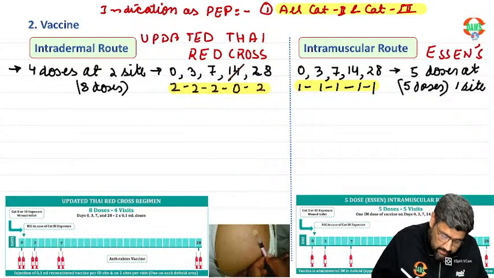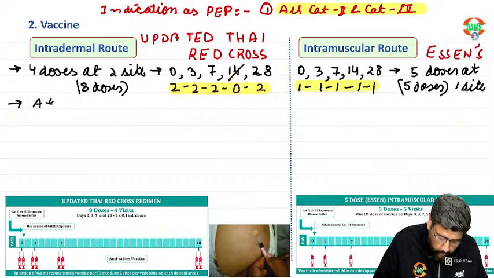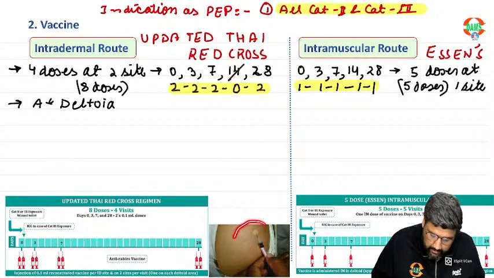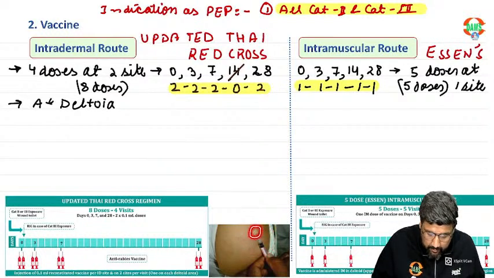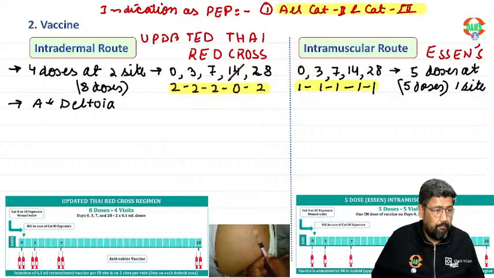Now guys, this should be given at deltoid region, right? As you can see here, on the deltoid region we are giving intradermal. Whenever we give intradermal, there is a bleb, right?